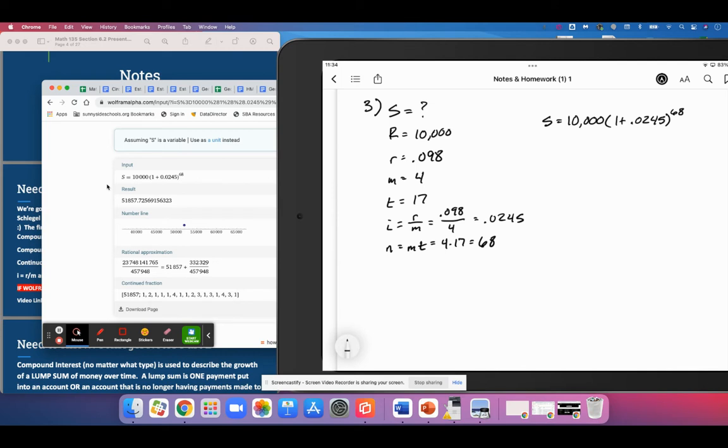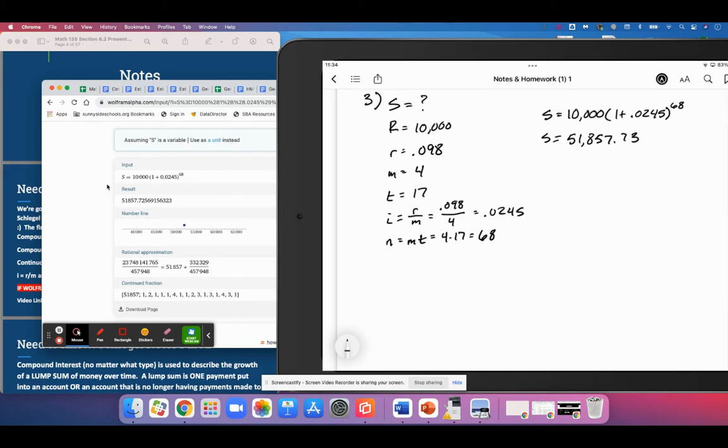And so that ends up being that the future value is $51,857.73. So the $10,000 grows to a value of $51,857.73.